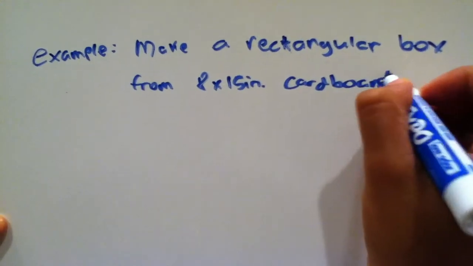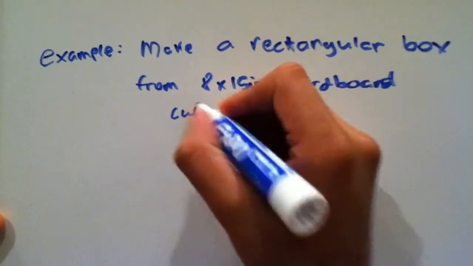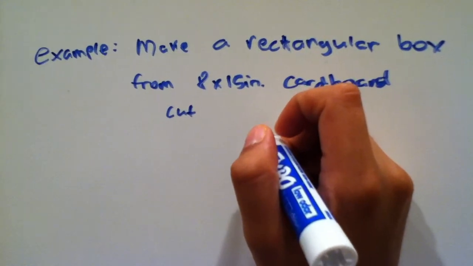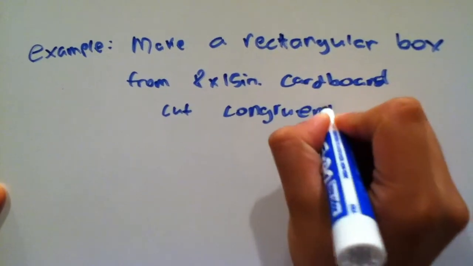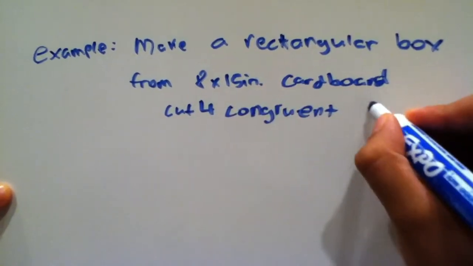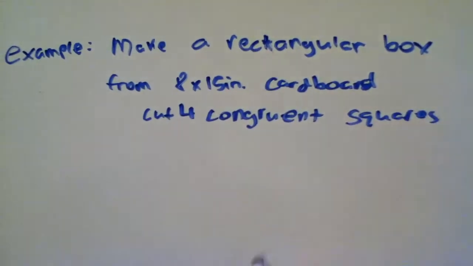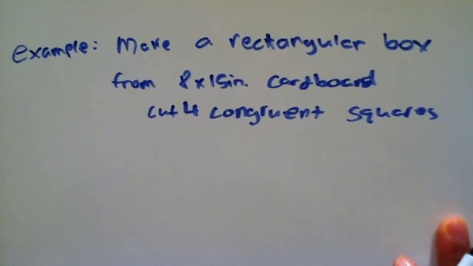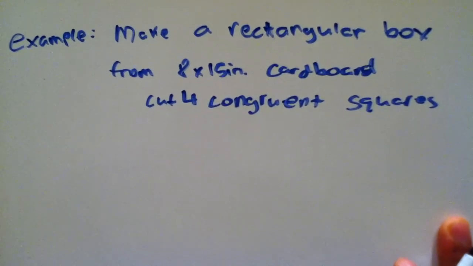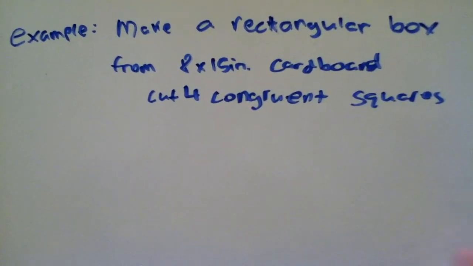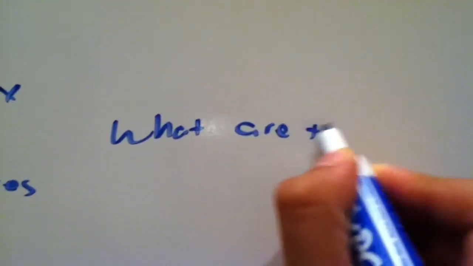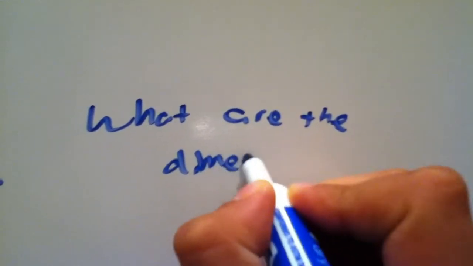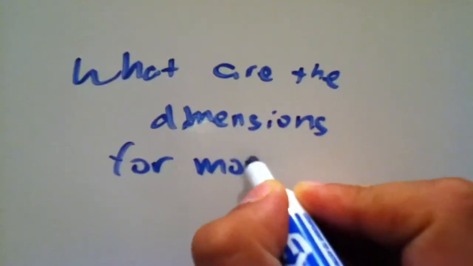You're going to make this box by cutting 4 congruent squares from each corner, and you want this box to have the maximum possible volume. So what are the dimensions of this box for the maximum volume?